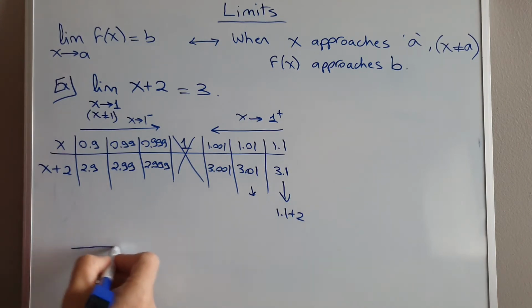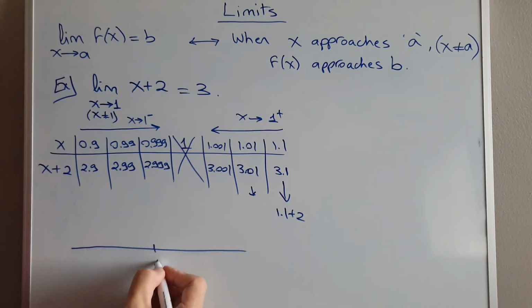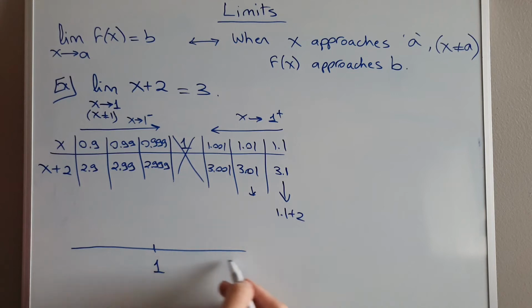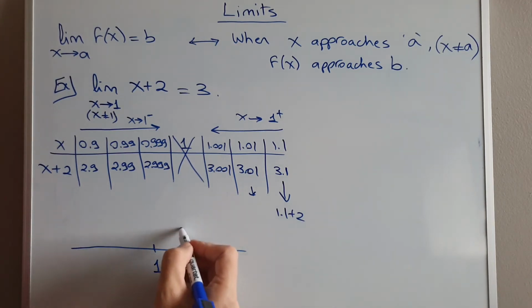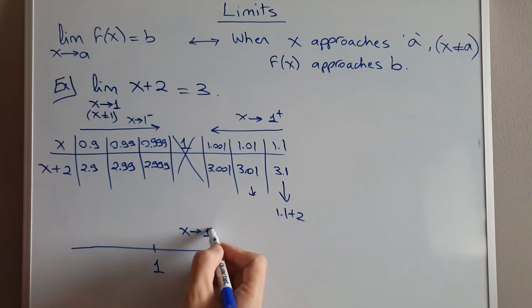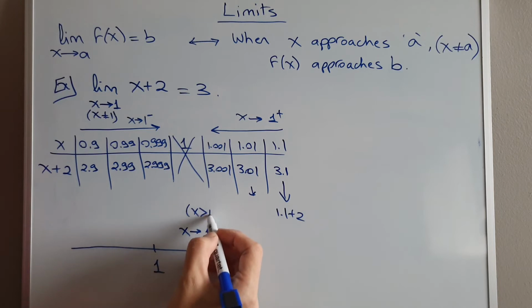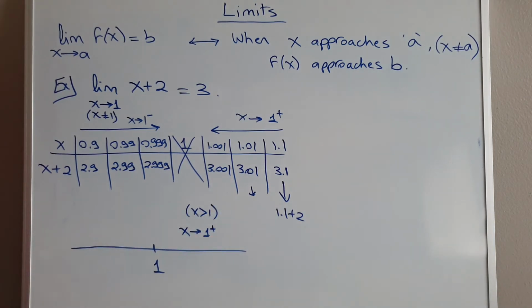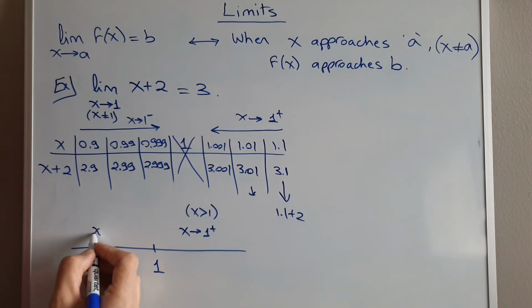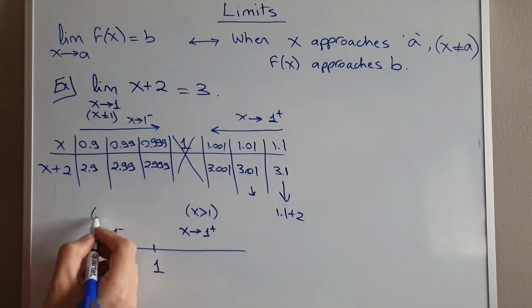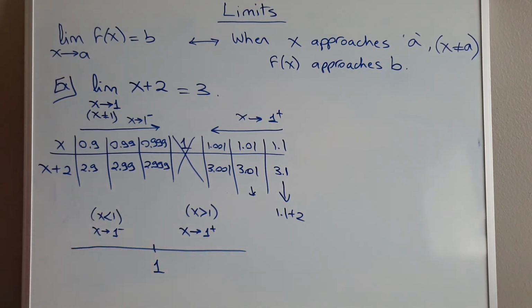So if I take the number line again, and the value 1, if I'm taking values bigger than 1 and I'm approaching 1 from the right side, I say x is approaching 1 plus. So this actually implies the values I'm choosing are bigger than 1 and still close to 1. And if I approach 1 from the left side by taking values less than 1, we say x is approaching 1 minus. So this actually implies x is less than 1.